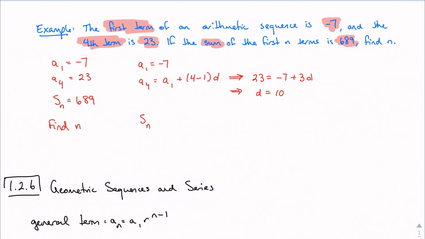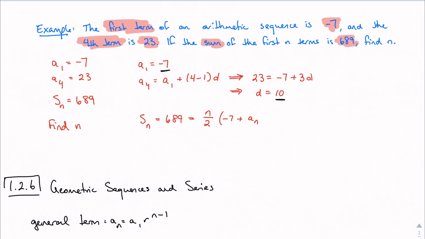I know that the sum of my n terms is 689. So if I want to use my formula, n over 2 times my first term plus, well, whatever my nth term is, and I need a way to figure that out. Well, I've got all the pieces I need, because I know my first term and my common difference.